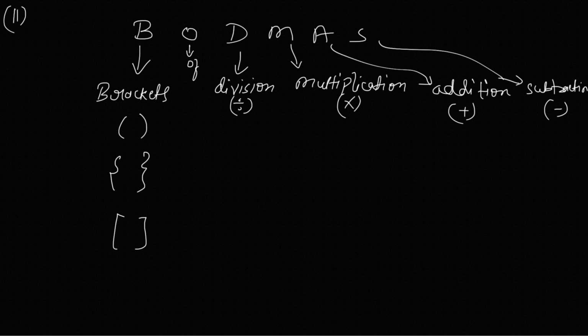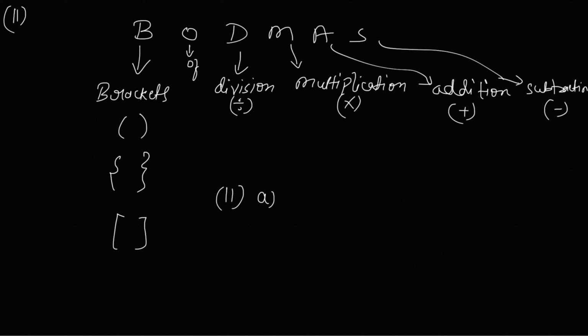So what is our question number 11? Let's solve question number 11a. So 11a is 6 multiplication (minus 2 minus 1).